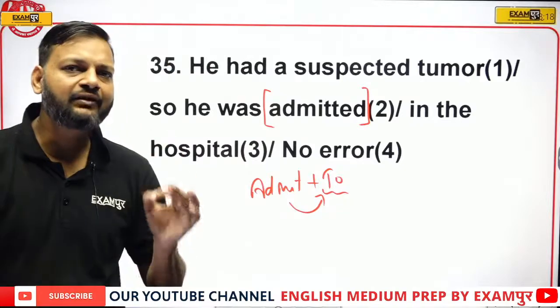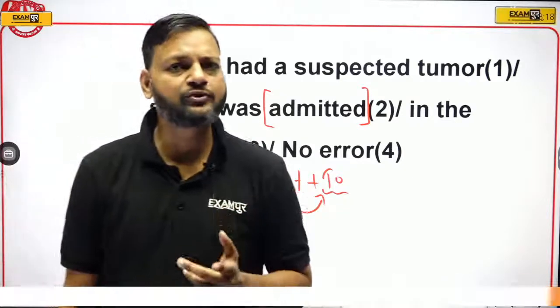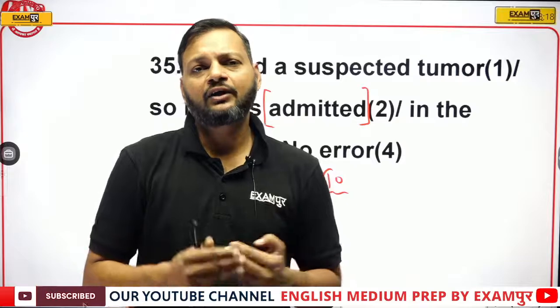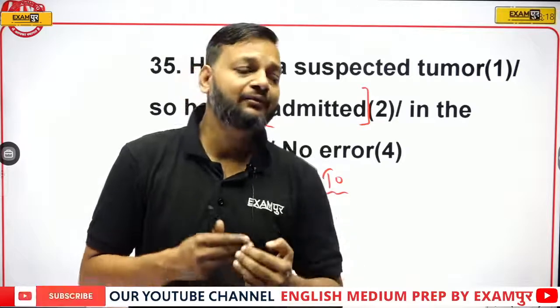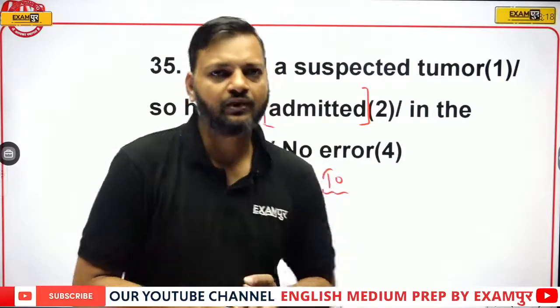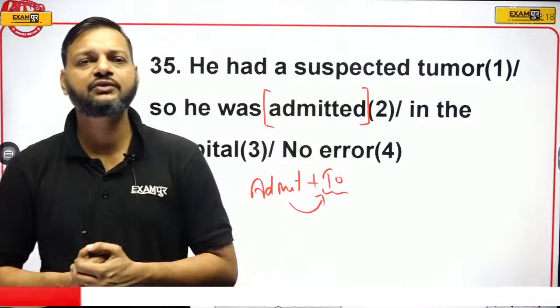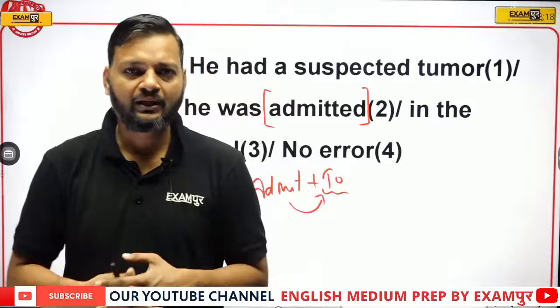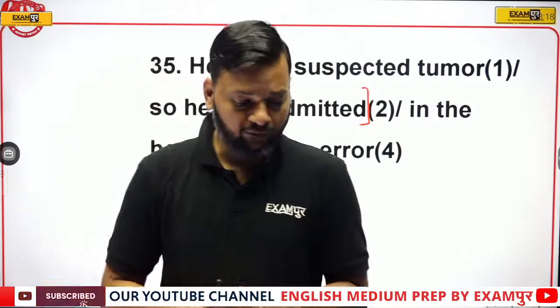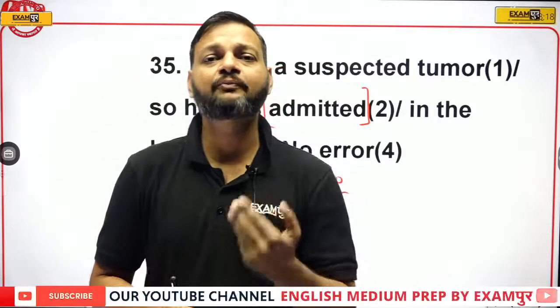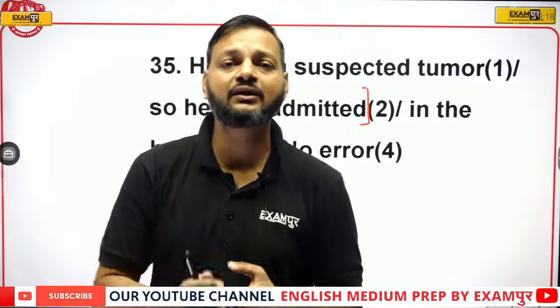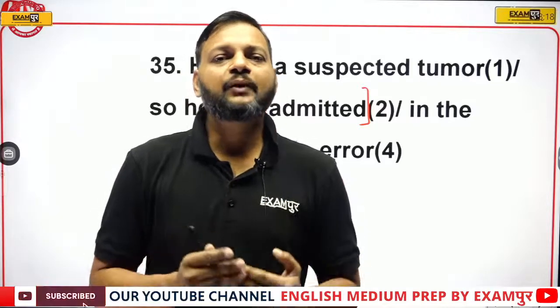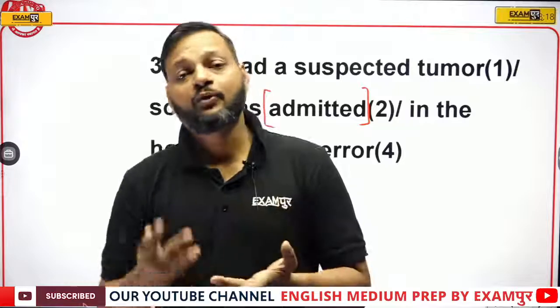Okay, if you haven't learned fixed prepositions, means there are certain verbs which are followed by certain prepositions, right? So if you haven't learned fixed prepositions, you won't be able to solve questions based on prepositions, right? So in order to solve questions based on prepositions effectively, you must learn fixed prepositions as many as possible.